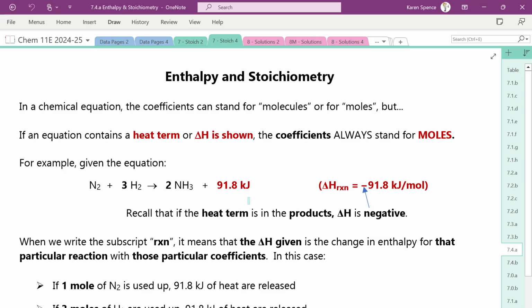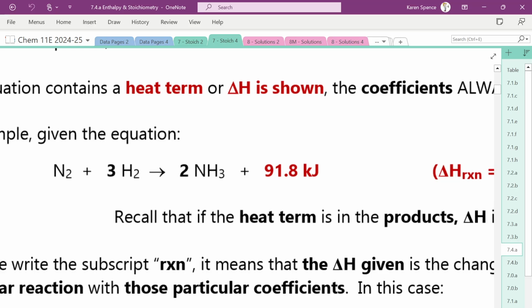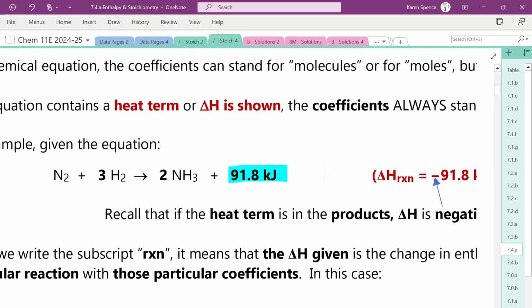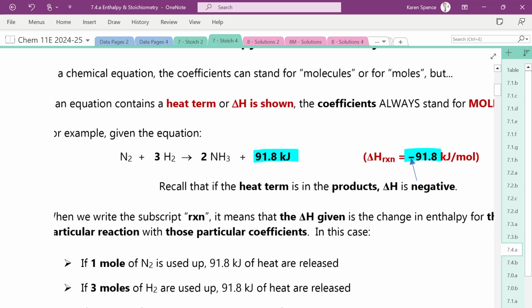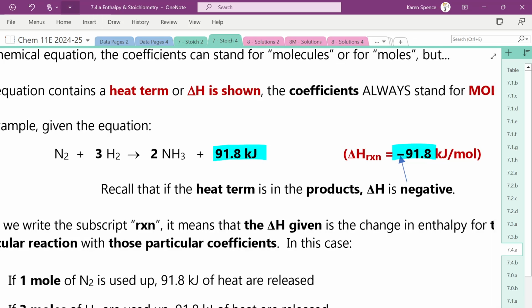So, in this particular example, we have our heat term here, and our delta H is negative 91.8 kilojoules per mole. And that per mole means per 1 mole of the reaction, which means whichever thing in the reaction has a coefficient of 1, that's how much you get for 1 mole of that one thing.